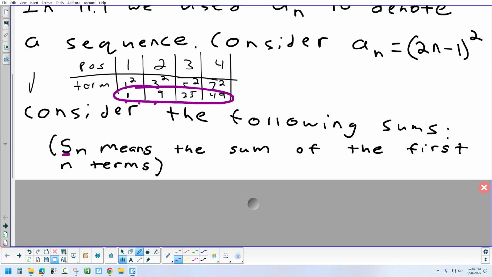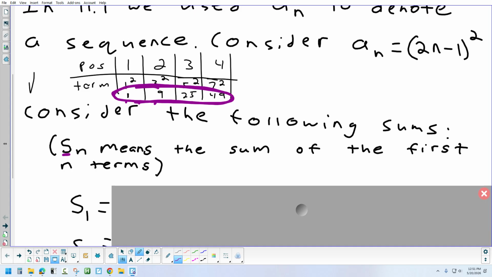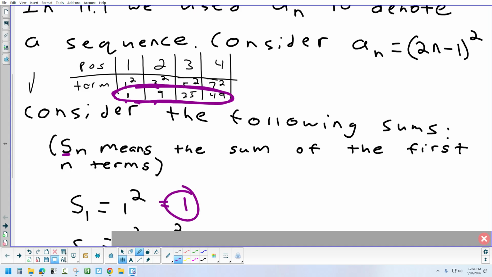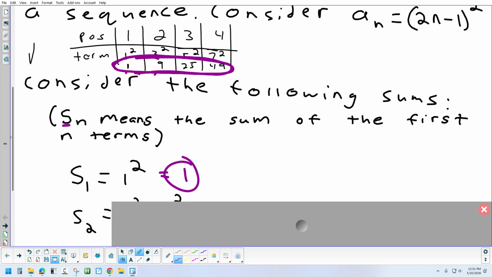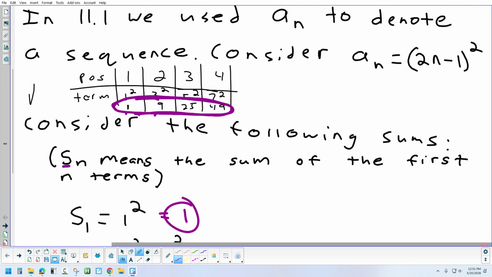So S sub 1 means to look at what I have circled in purple and add up the first 1 term. If you do that, all you get is 1. How about S sub 2? That means to add up the first 2 terms.